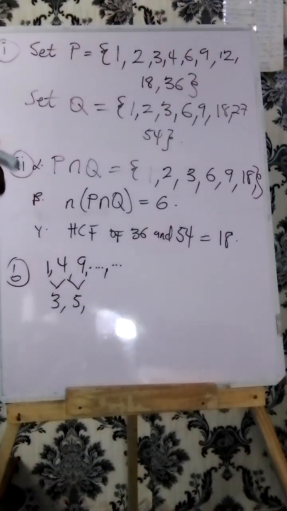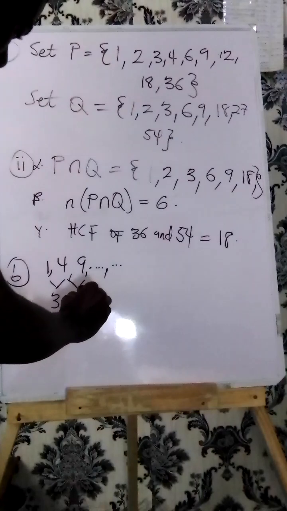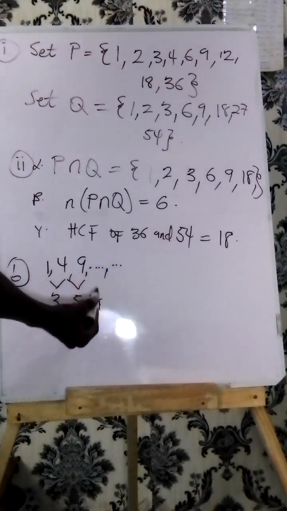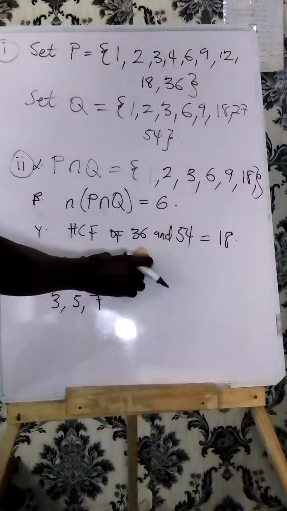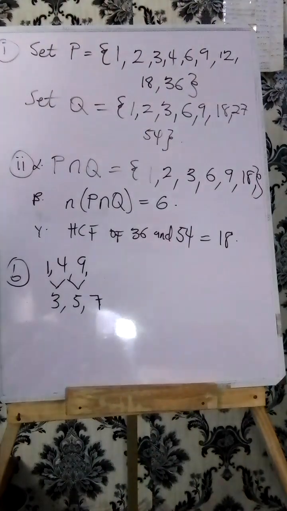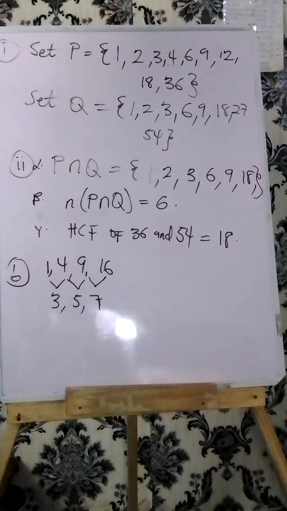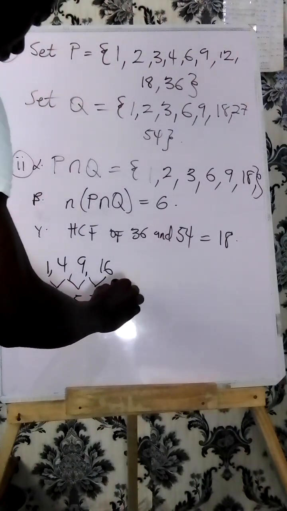Now we can see that we are creating a pattern. So now let's follow the pattern. We have 3, 5, the next should give us 7, right? Now, what number do we put here to get a difference of 7? It should be the number 16, right? So our next number should be 16. Now, what is the next in the pattern? It is 9, right?